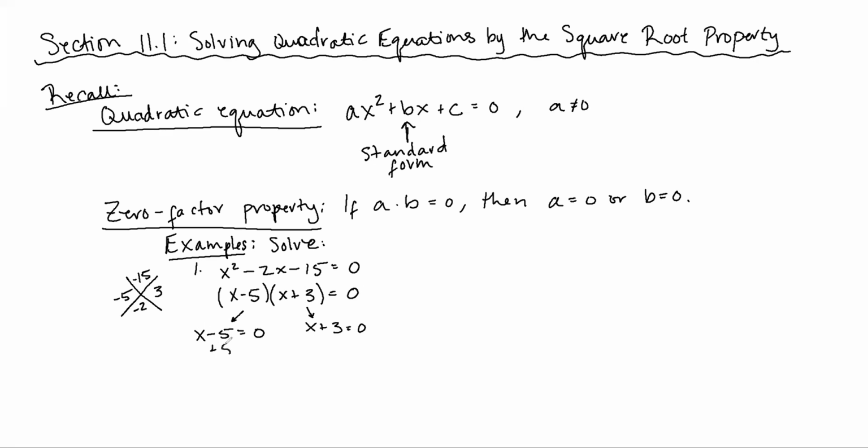So let's solve both of these. We'll add the 5 and we get x equals 5. And then here, if we subtract the 3, we get x equals negative 3. And then I'm going to go ahead and box both of these because these are our two final solutions here.